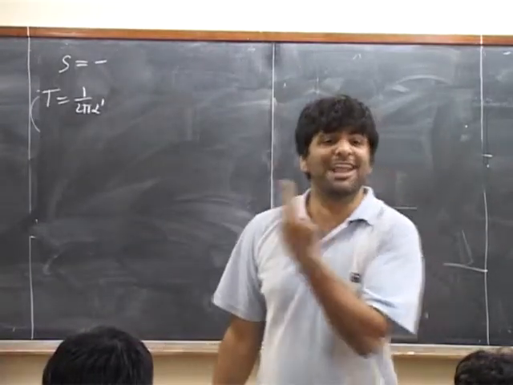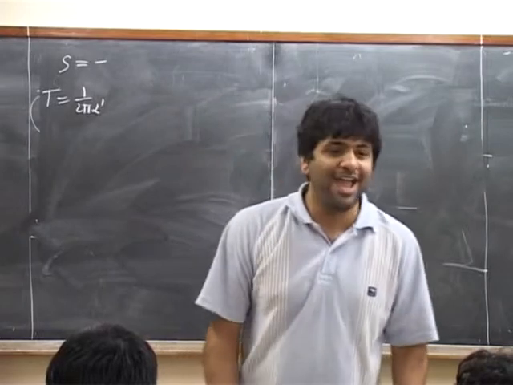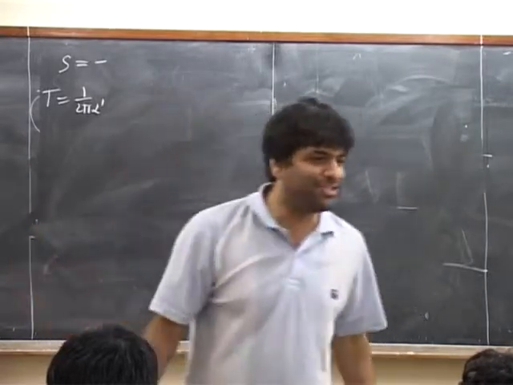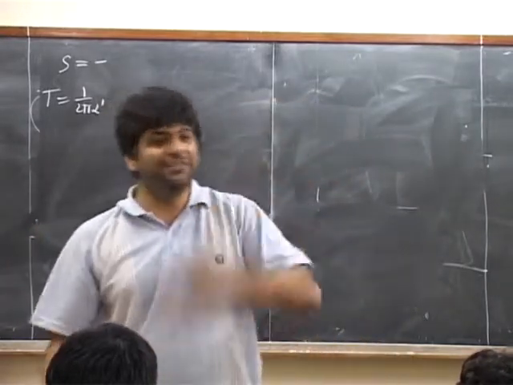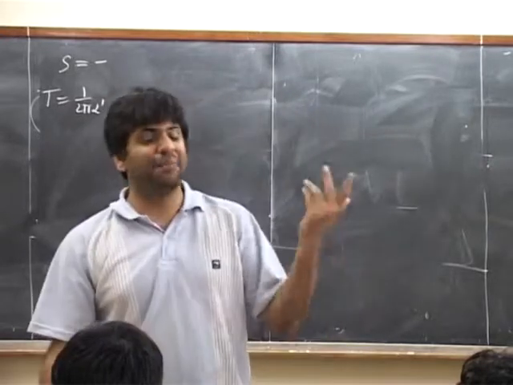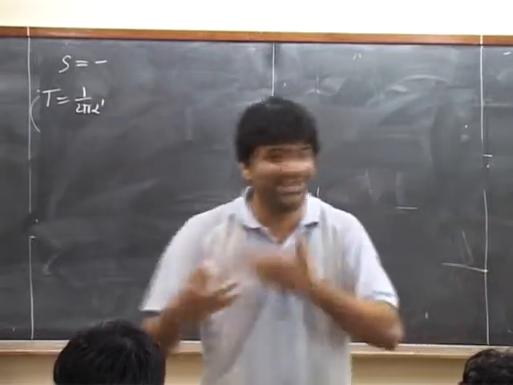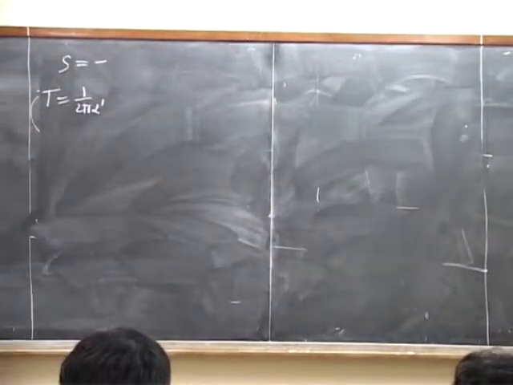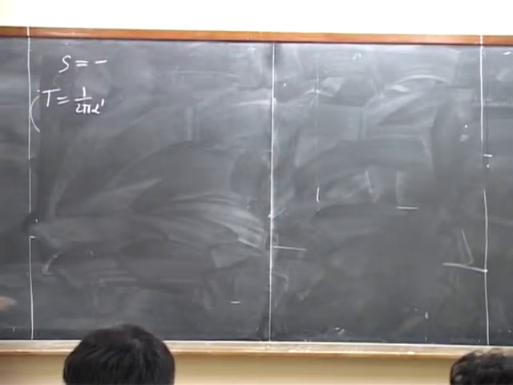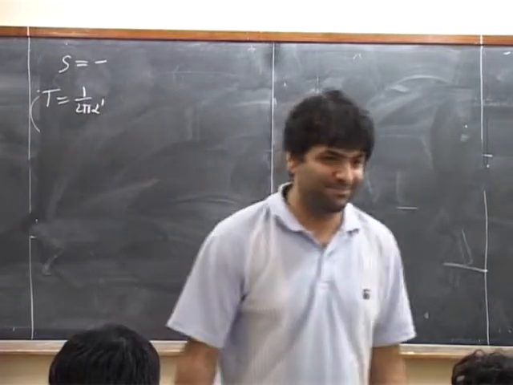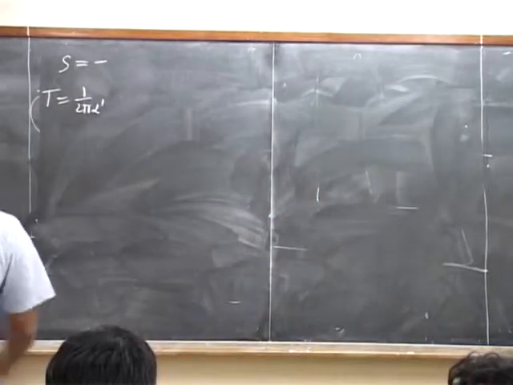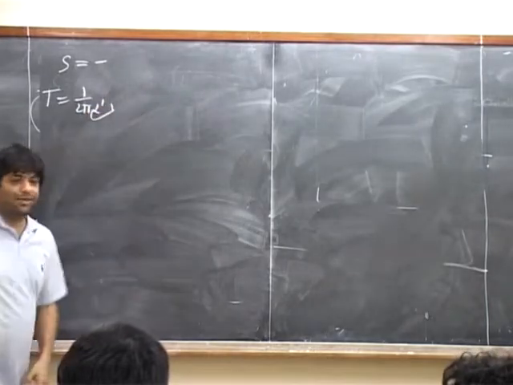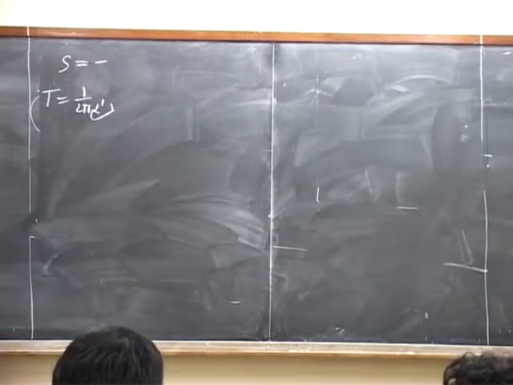Tension is mass per unit length. Mass and energy are the same dimension because c is 1, and mass and inverse distance are also the same dimension because h-bar is 1. So we've got mass per unit length, which is 1 over length squared. Therefore, this quantity, alpha prime, has dimensions of length squared.